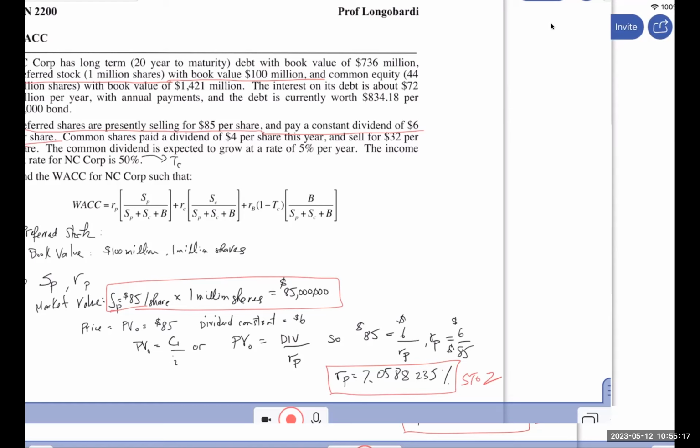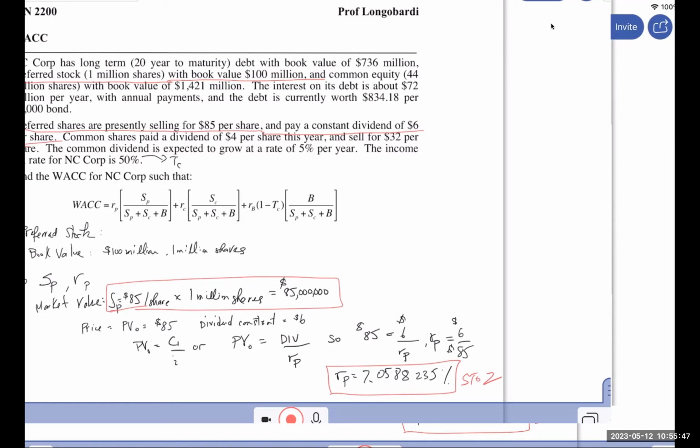So now the market value, SC, is equal to... it's $4 per share times how many shares?